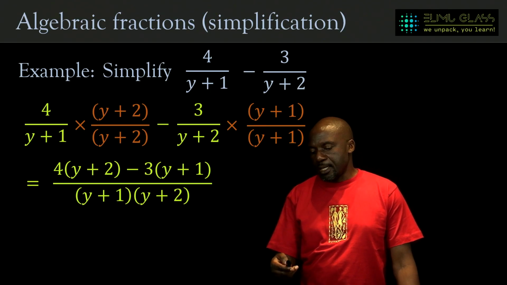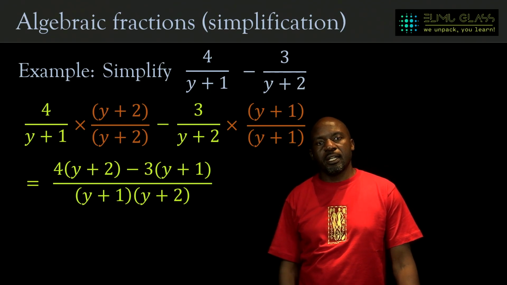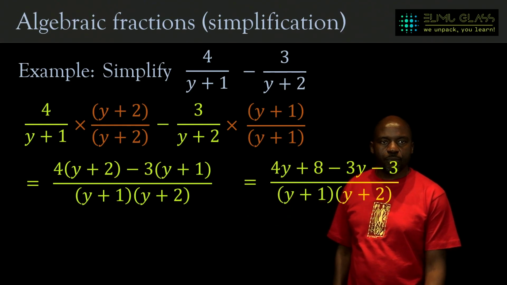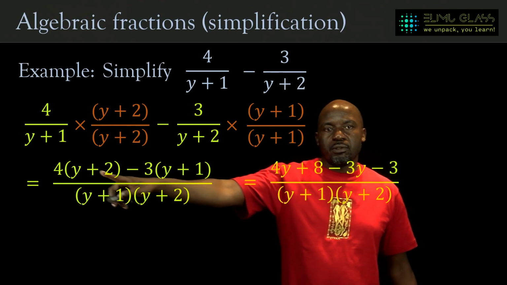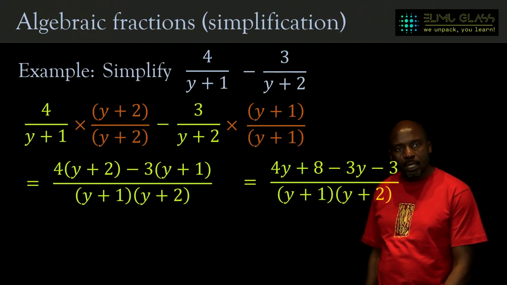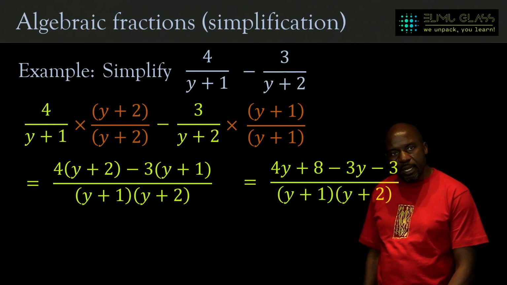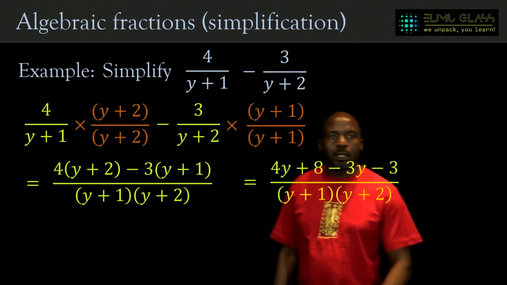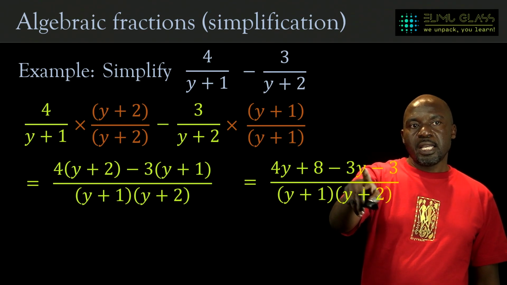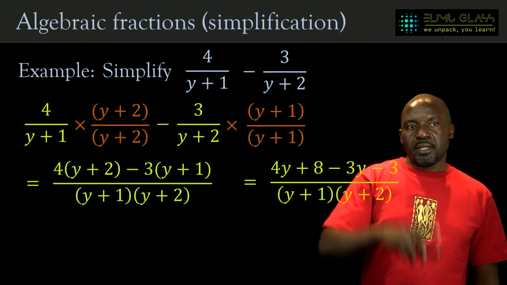And we could leave the answer like that, although the numerator is better simplified further. And that gives me, open the bracket. You've learned how to open that bracket. I'm hoping that is not a big deal. So 4y here minus 3y is y, and 8 minus 3 is 5.